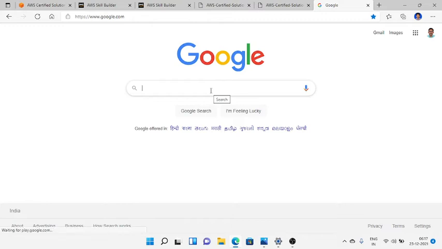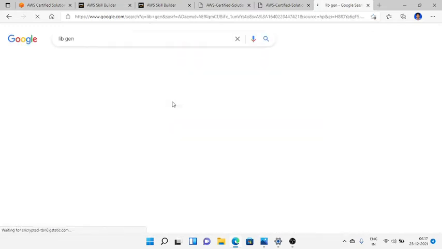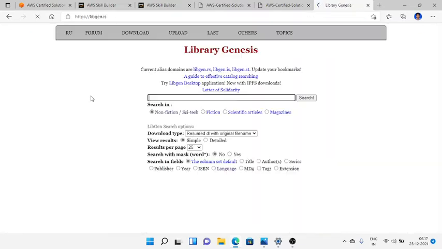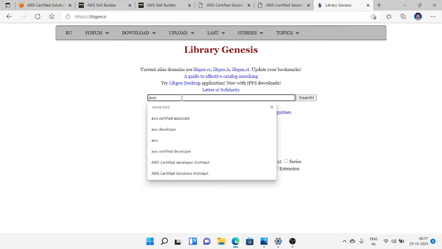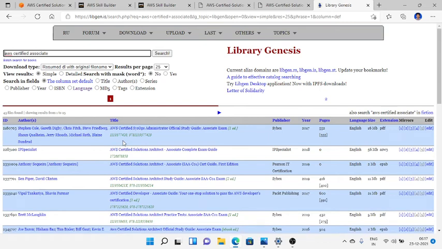The next topic which I am going to show you is how to download exam related books. In Google, you type LibGen. Here, search AWS certified associate. You will get the related certified associate exam books.